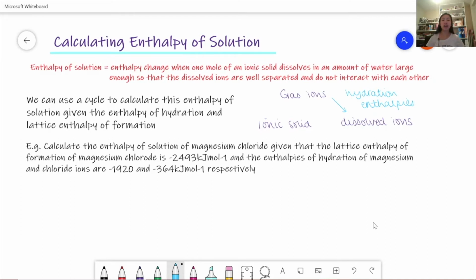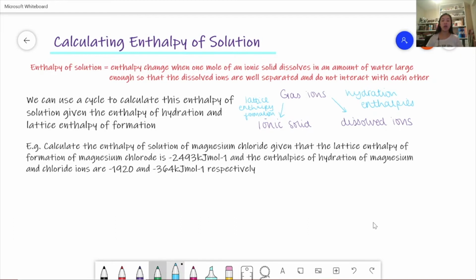And then from gas ions into ionic solid, this is the lattice enthalpy of formation, because we're using the constituent ions in their gas state to form the ionic solid compound.